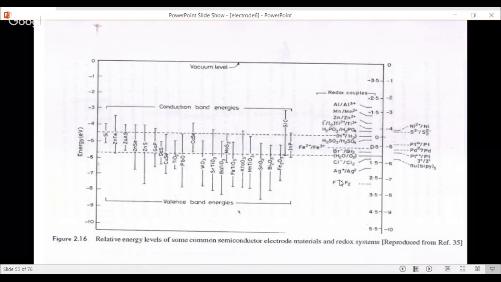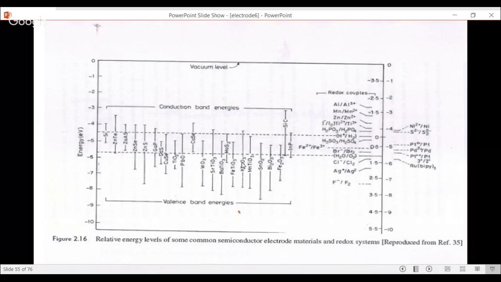We are talking about the reduction or oxidation of various species, for example silver ion, or chlorine gas and chloride, or bromine liquid and bromide. Also titanium 2 plus and titanium 3 plus, these types of redox reactions, aluminum to aluminum 3 plus, manganese to manganese 2 plus, zinc to zinc 2 plus, fluorine to fluoride, all those things. Here we are also showing some typical values for polyanions or polycations.